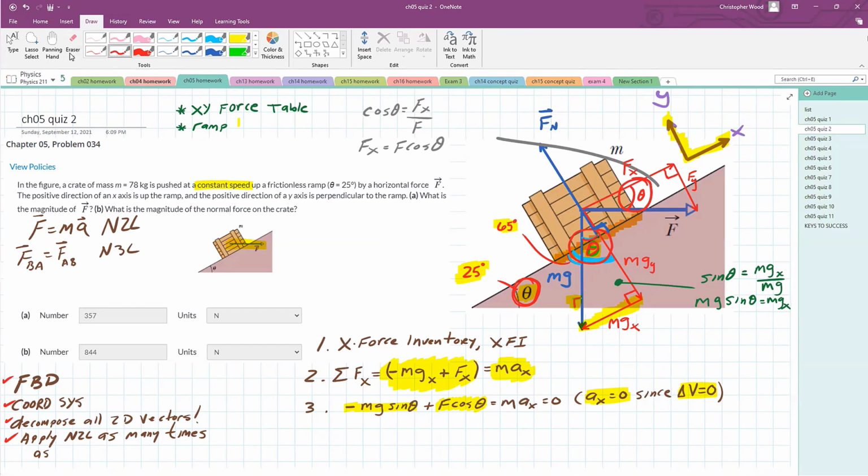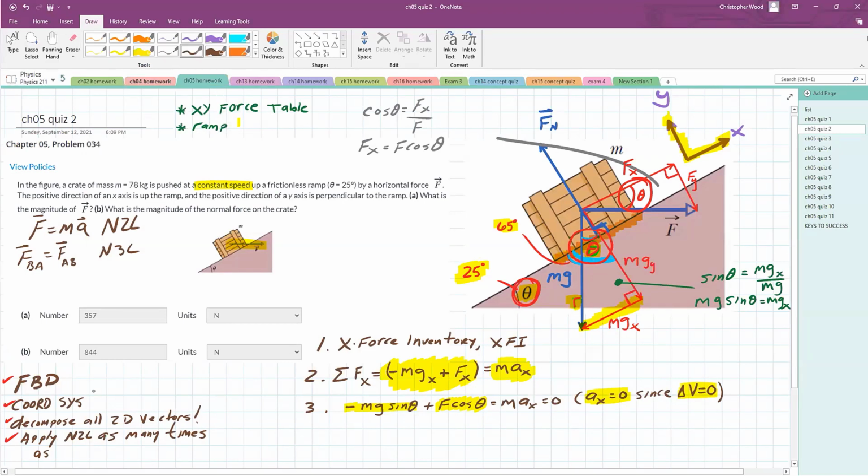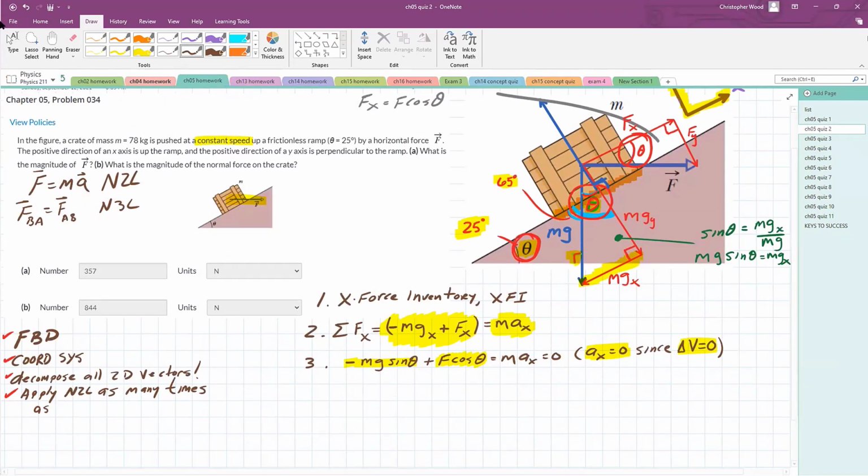One of the recipe items I should draw your attention to, because you're going to do this: you apply Newton's second law as many times as possible, and you're always going to have to say something about acceleration. So let me be more careful here, because this is the methodology you're going to use. Apply Newton's second law, and then make an acceleration statement. Say something or address acceleration.